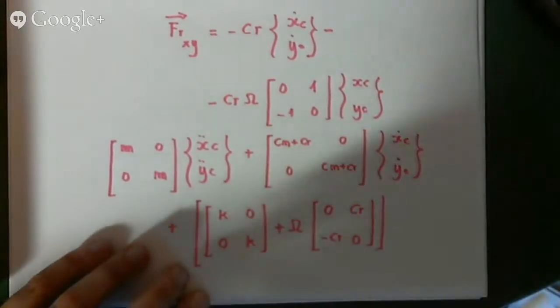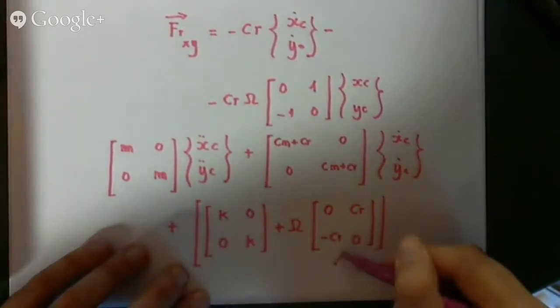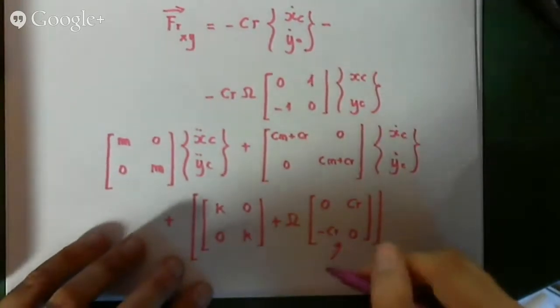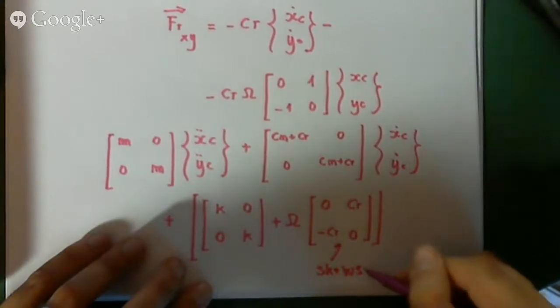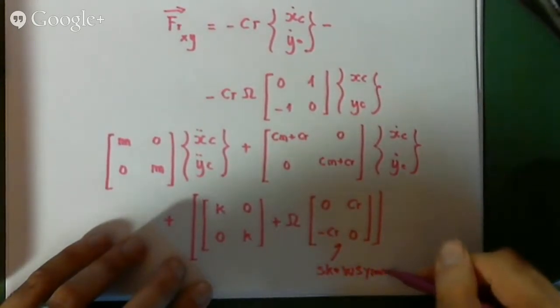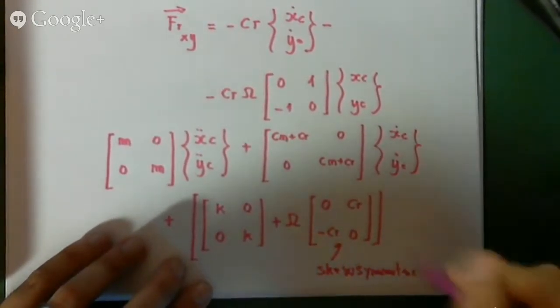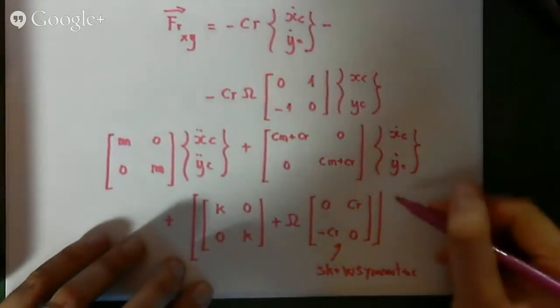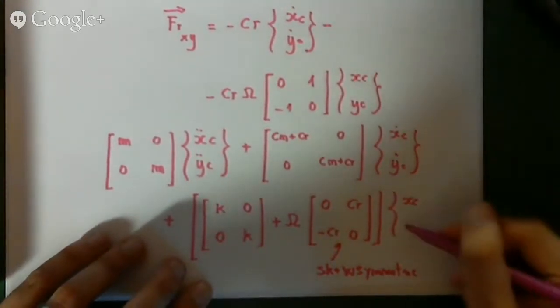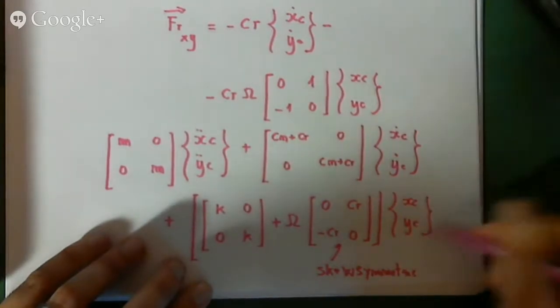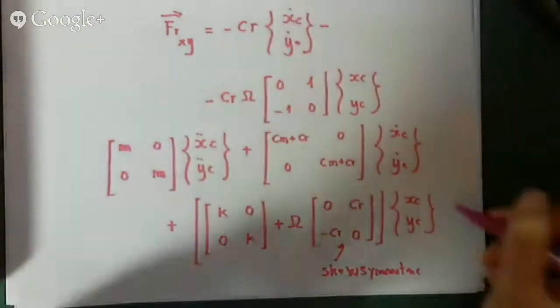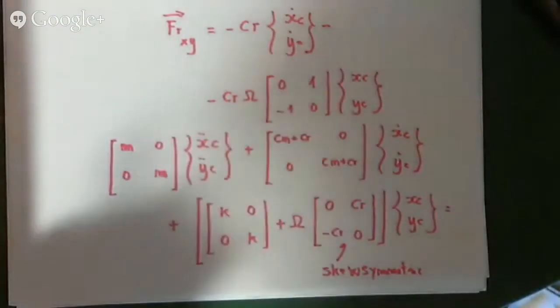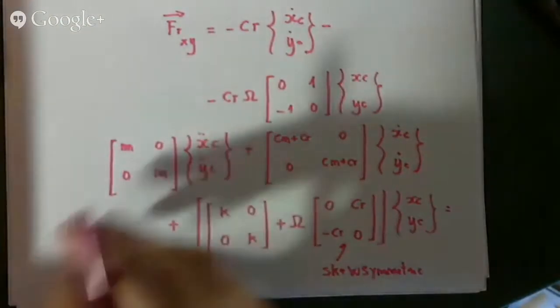This is a unique matrix. This is skew symmetric, antisymmetric, for XC, YC. This is the left hand side of the two equations composed in matrix form.